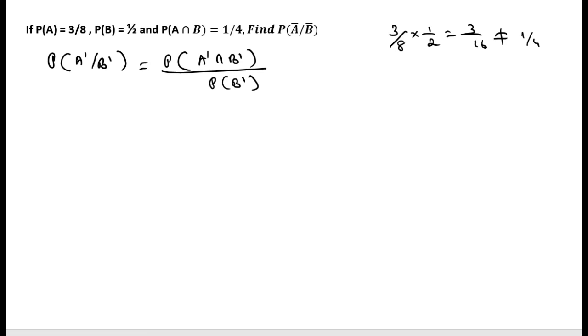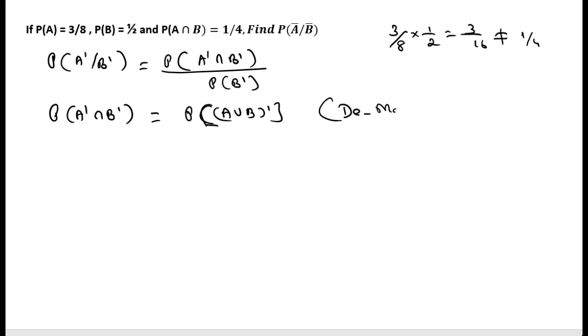Now see here, we know De Morgan's law: probability of A complement intersection B complement means probability of A union B complement. A union B complement equal to A complement intersection B complement. De Morgan's law.